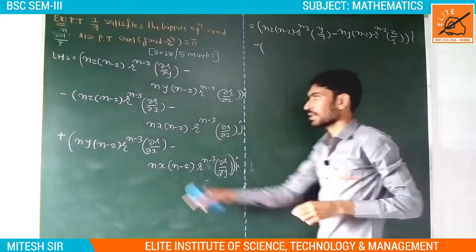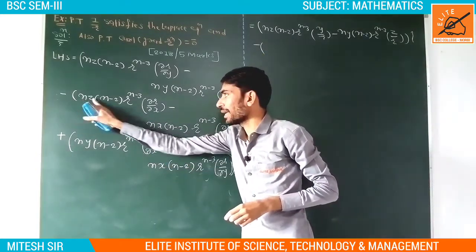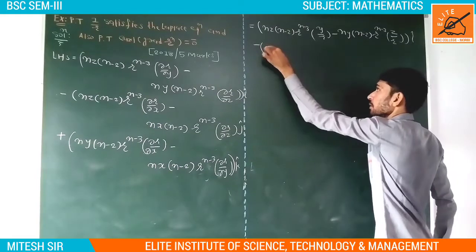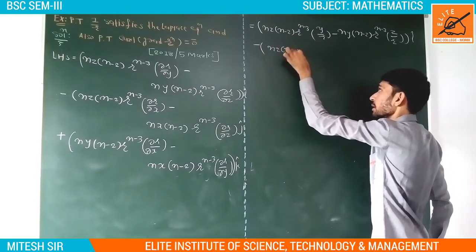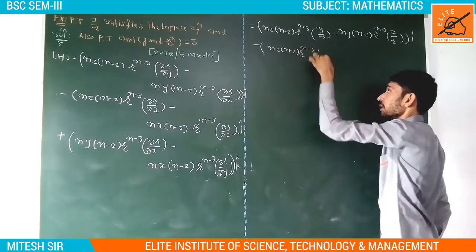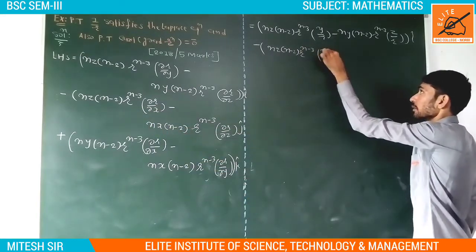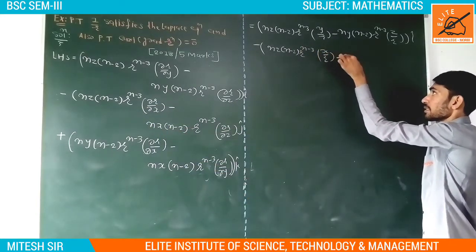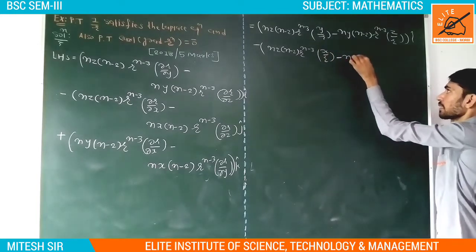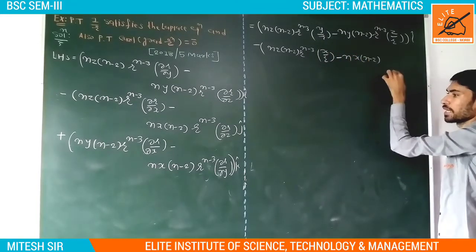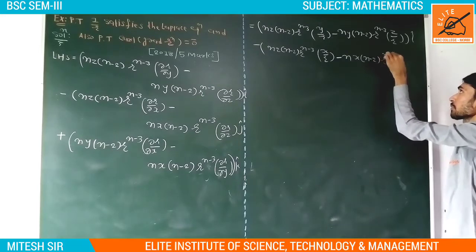Minus, in second term, NZ (n-2) as it is, NZ (n-2) r^(n-3) it is. We substitute the value of ∂r/∂x is the x/r, minus nx (n-2) r^(n-3).